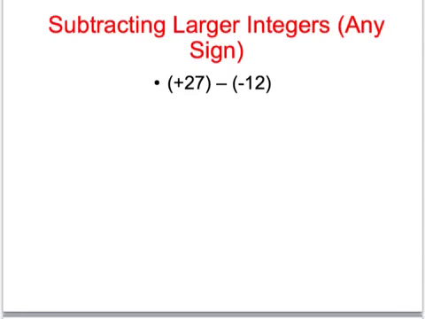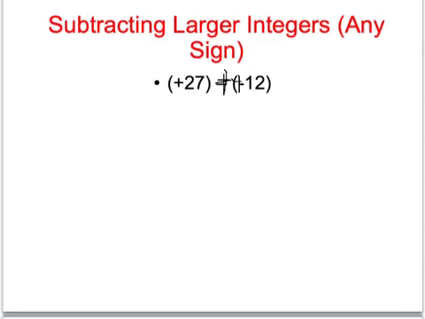In the last example, we had two negative numbers. This one is going to be a positive and a negative number, but it doesn't really change anything. I'm going to change this from a subtraction question to an addition question, and change the sign of the second number from a negative to a positive. So instead of positive 27 minus negative 12, I'm going to have a much simpler question, which is positive 27 plus positive 12. This is the kind of question we've been doing for years and years.